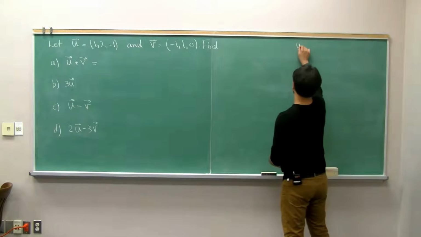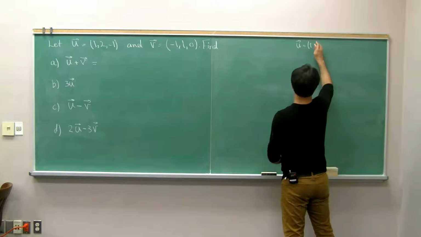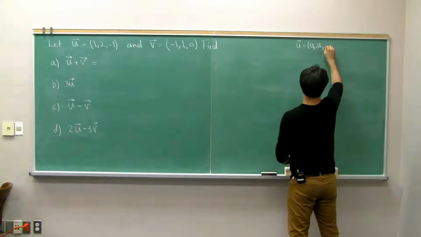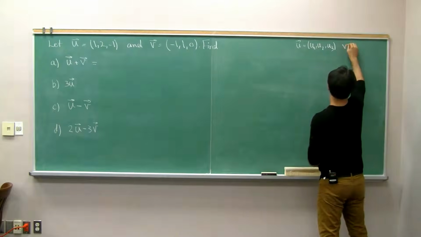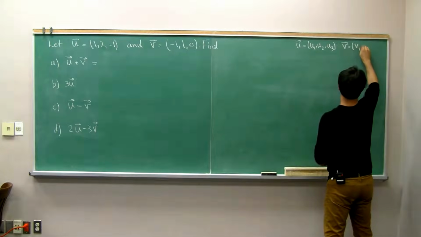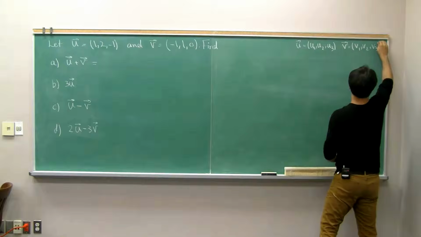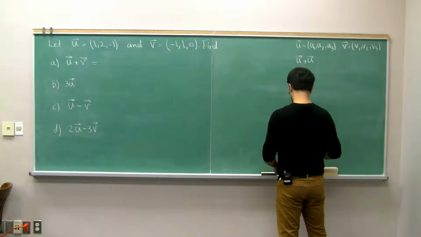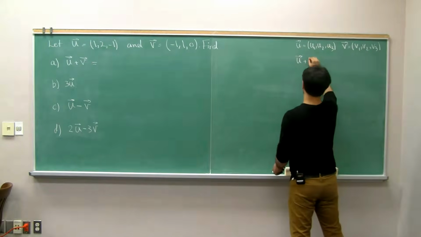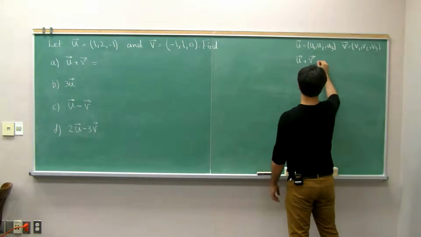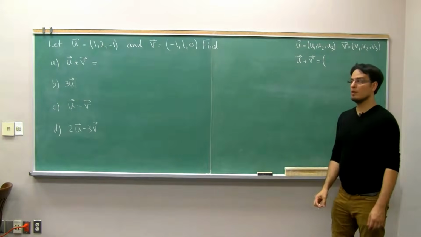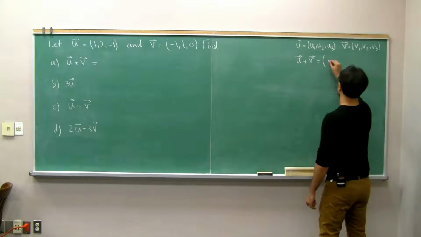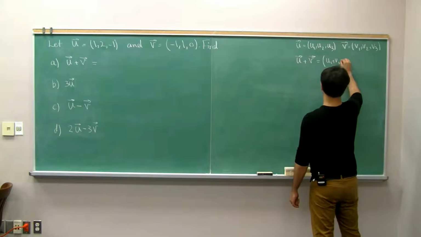If you have two vectors, u with 3 components and v with 3 components, then the sum of these two vectors, u and v, is a new vector whose first component is the sum of the two first components, so u1 plus v1.